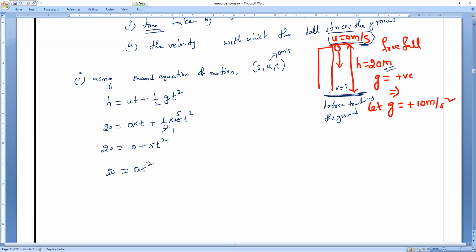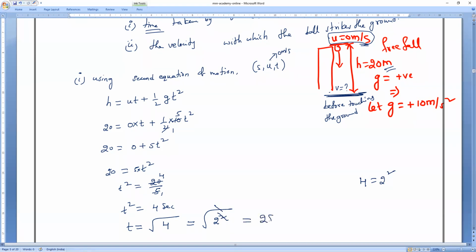Now 5 is in multiplication, so it will come to this side as division. 20 divided by 5 is 4. So t square is equal to 4. But we want t, so the square becomes root. Root 4 is 2 square, so square and root cancel. So the answer is 2 seconds.